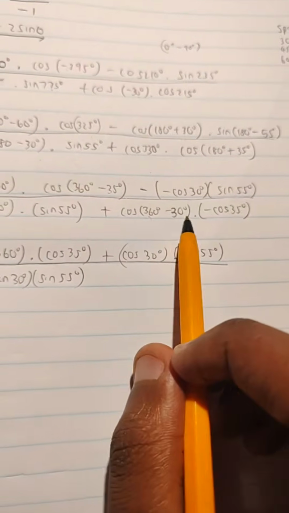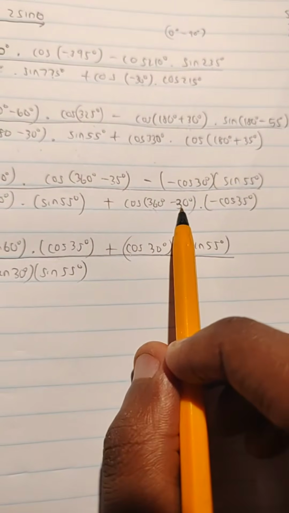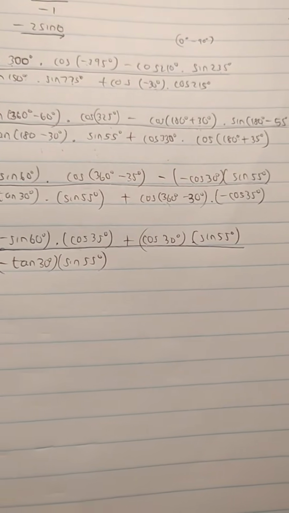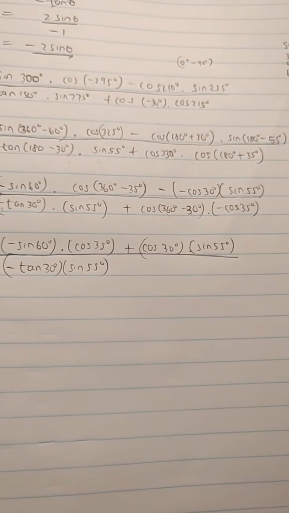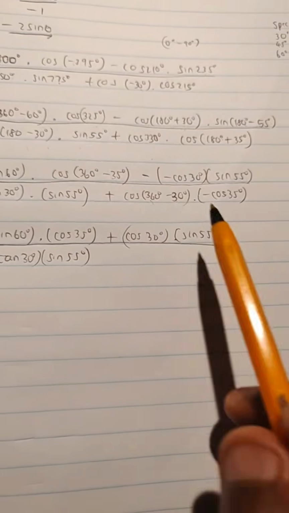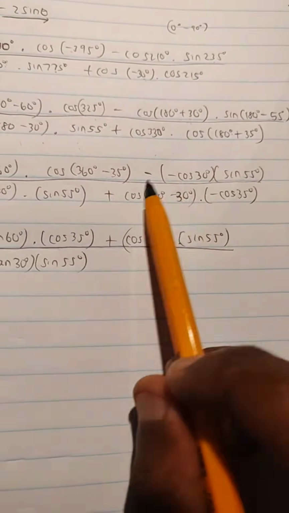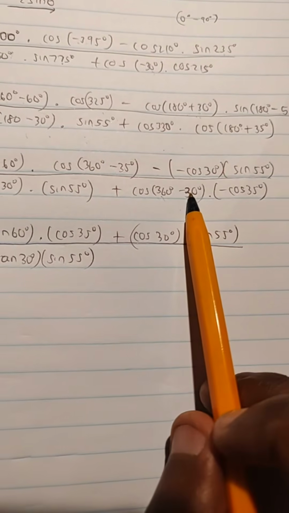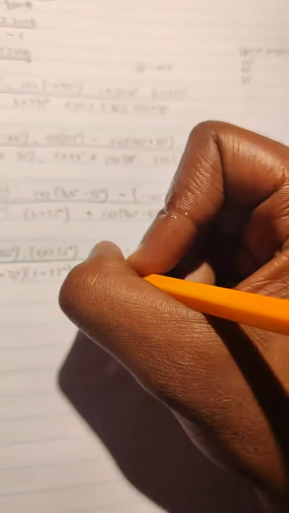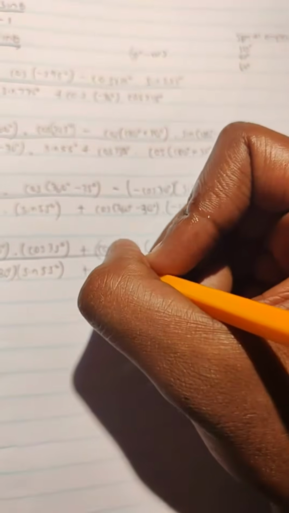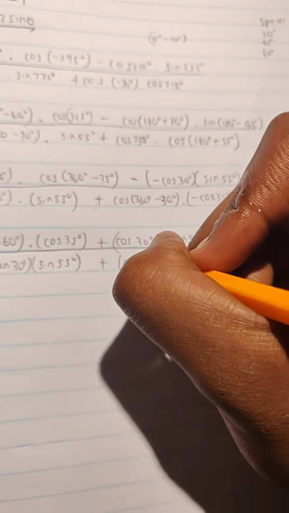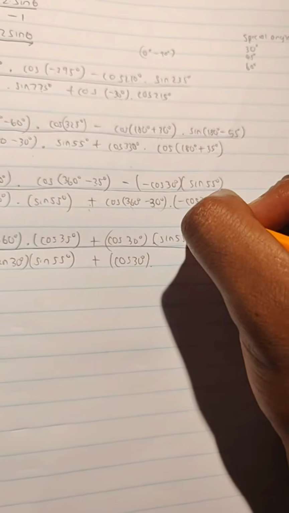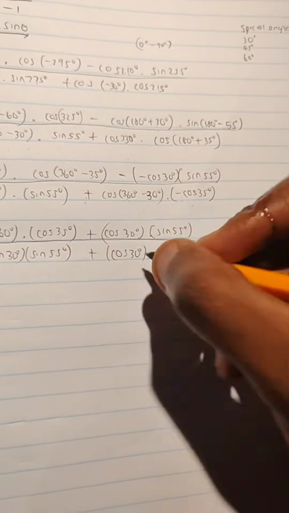Reduce cos 360 minus 30. 360 minus is in the fourth quadrant, right? How is cos in the fourth quadrant? Positive. So we have that positive sign here, cos 30, and then that negative sign.